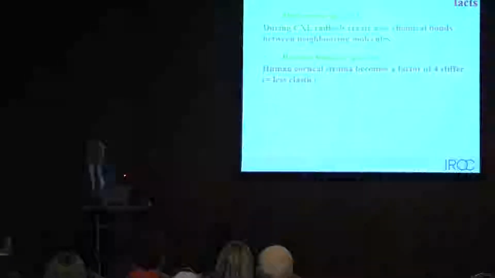Second, this kind of new bonds creates a biomechanical action, which we can easily show in stress-strain measurements. This is a strip of a pig cornea, and you can easily make the extension and measure the force that you need.